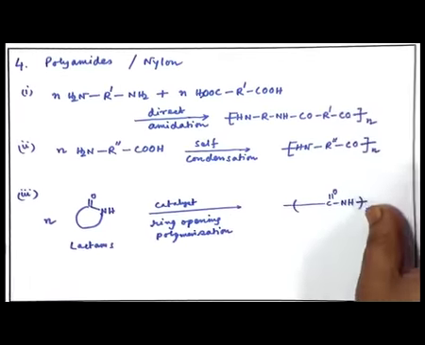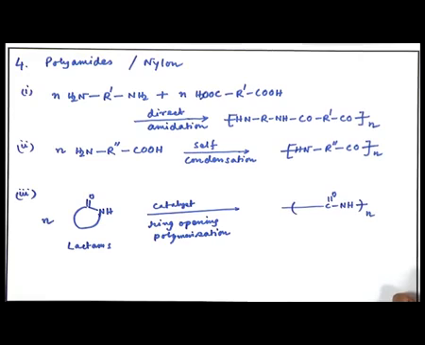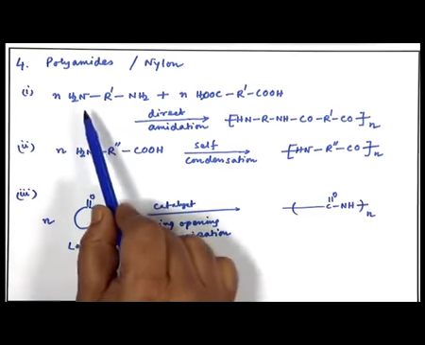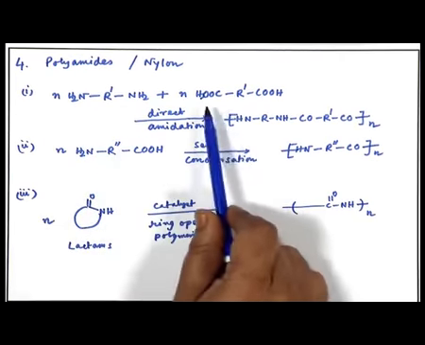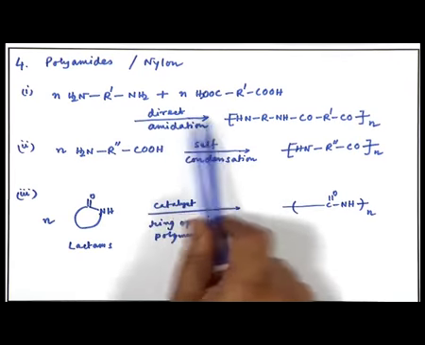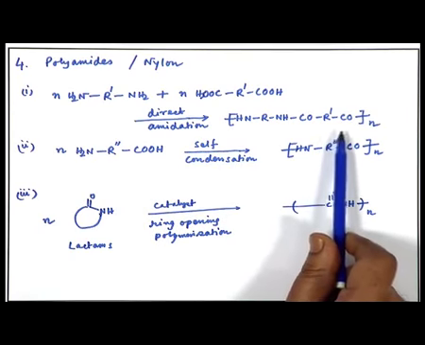The fourth polymer we discussed in the last lecture was polyamides, which are commonly known as nylon, and there are basically three ways we can make them. We can take a diamine and a diacid, do a direct amidation reaction between these two and form a polyamide.